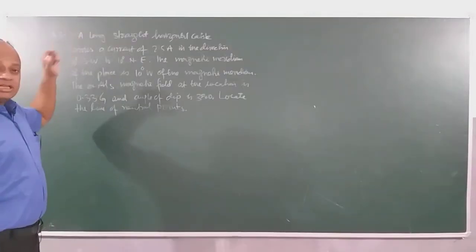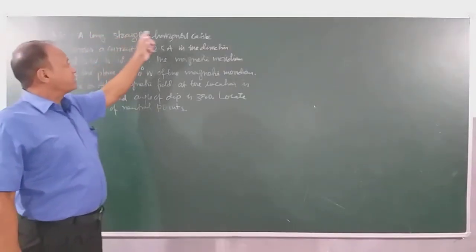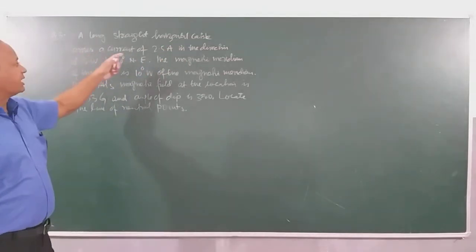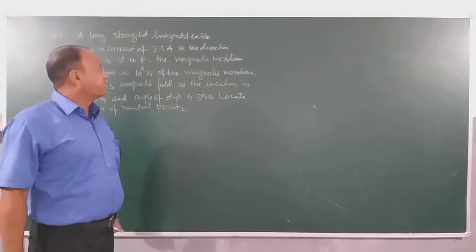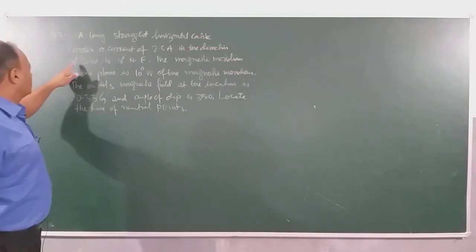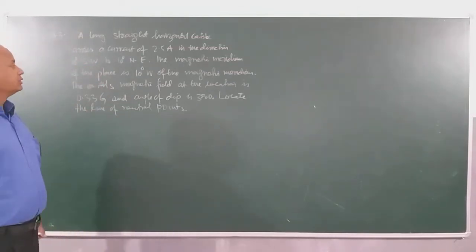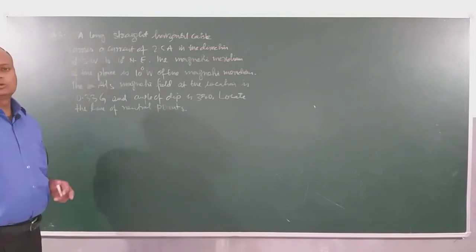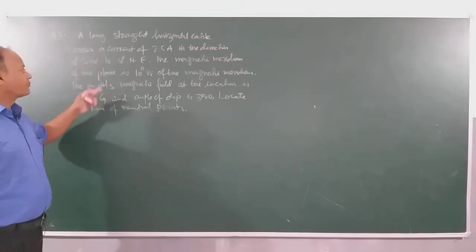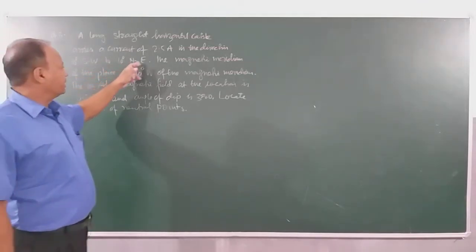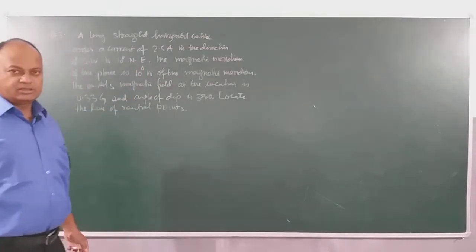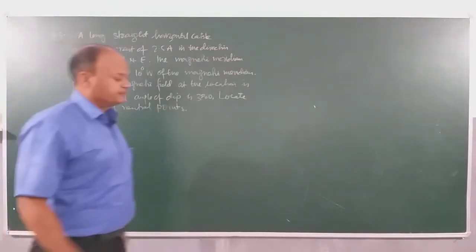Right, children, here you have a problem. A long straight horizontal cable carries a current of 2.5 ampere in the direction 10 degree south of west to 10 degree north of east. Let's understand it.